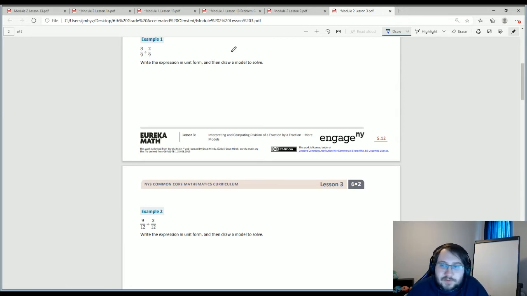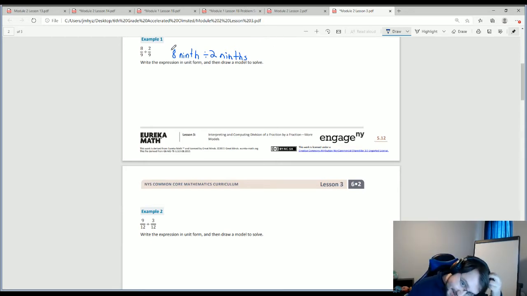So to write that in unit form, I just need to say 8 ninths divided by 2 ninths. Similar to how if this was 80 divided by 20, I would write it as 8 tens divided by 2 tens.